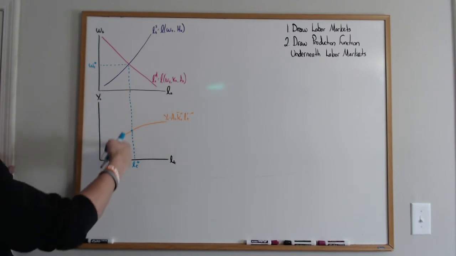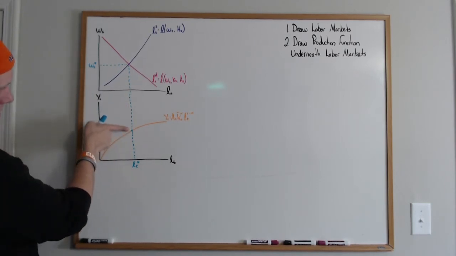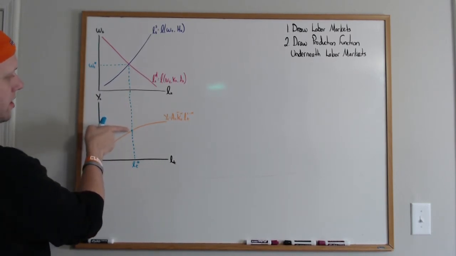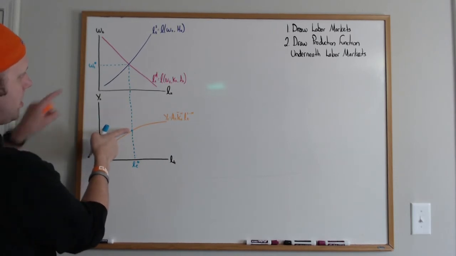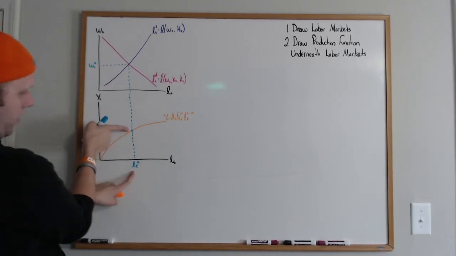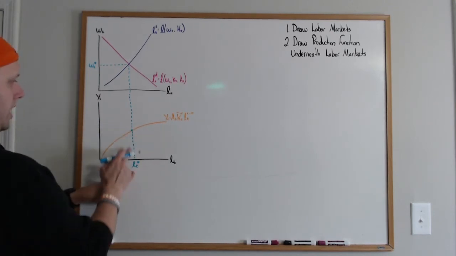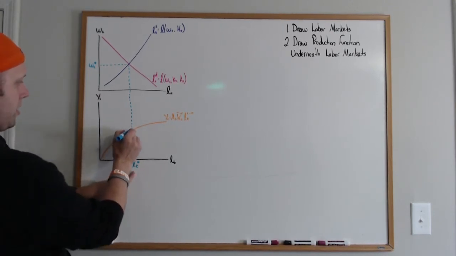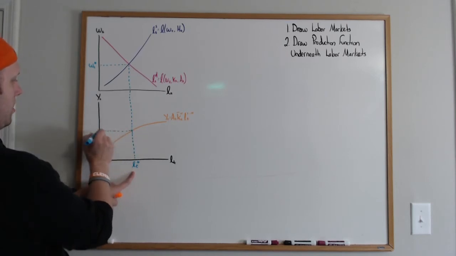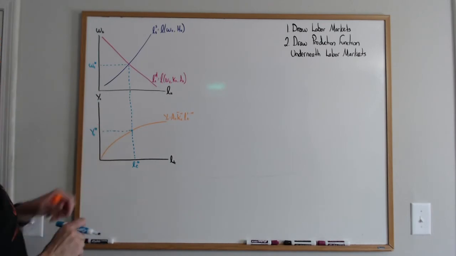All the way down where it touches this production function is the amount that gets produced using this amount, L star, of labor. So if this amount of labor goes into the production function, that means what comes out is Y star.